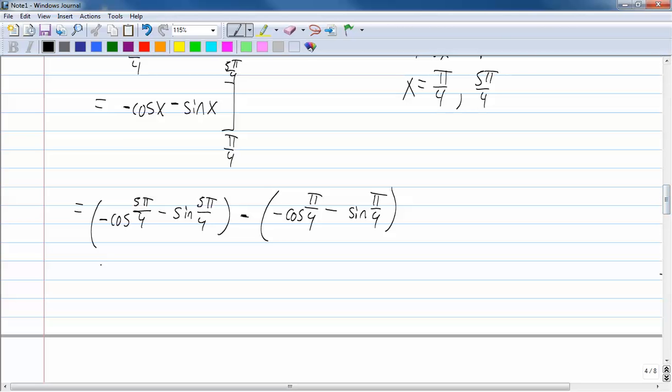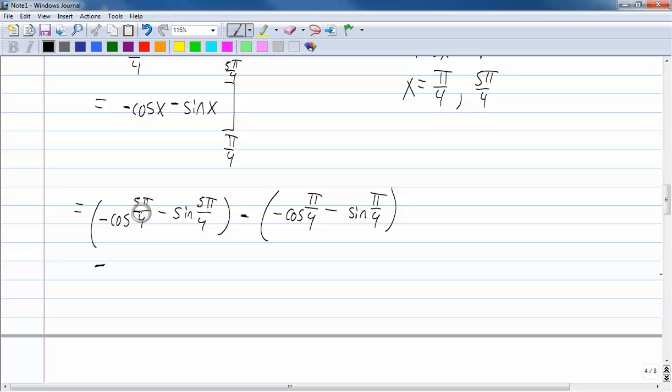So this is going to be negative. Now the cosine of 5 pi over 4, you can use your unit circle, and remember cosine is the x coordinate, or you just think, what's that going to be? It's going to be in the third quadrant.